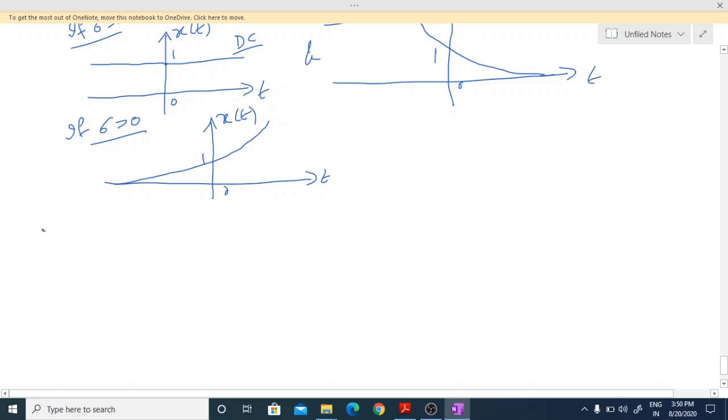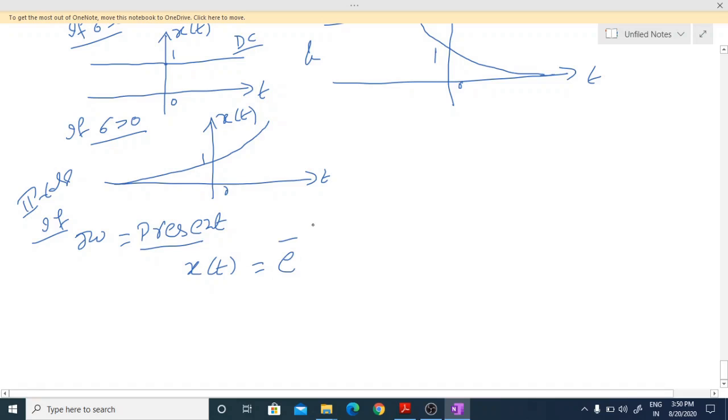And in the second case, if the imaginary term j omega is present, whatever the omega value, then the given signal is e power minus of sigma plus j omega into t.